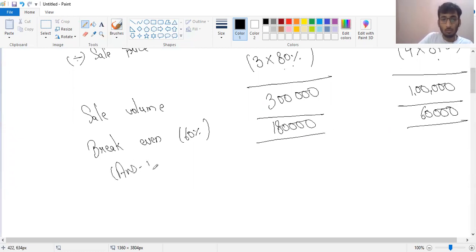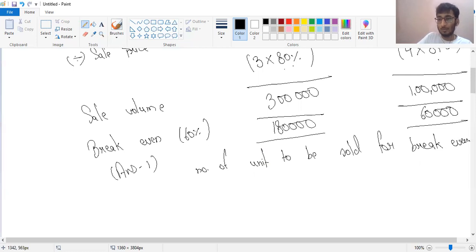Answer to point one. It is the number of units to be sold for break even.